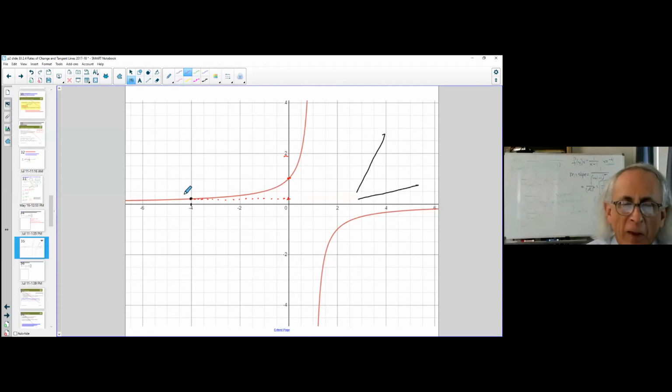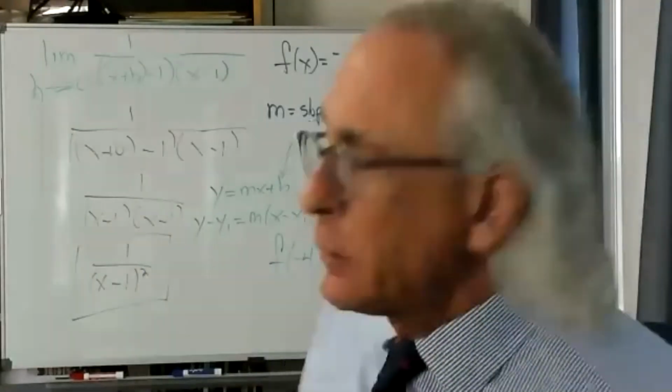So I would say that this point right here is the point -4, 1/5. It looks good on the graph and it substantiates my algebra that I just did.